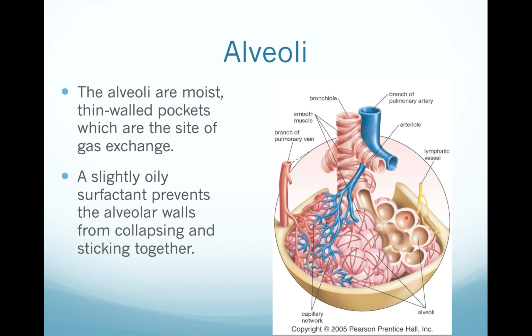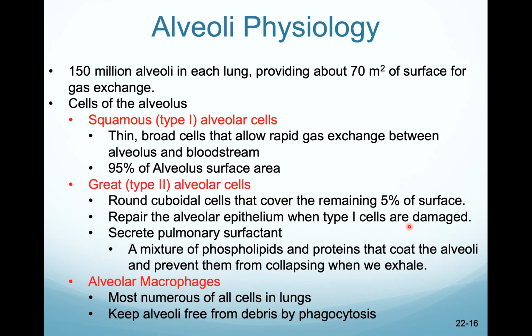It's easy to diffuse gases in and out of the alveoli. You don't want to make it difficult at all for your body to move gases. And what you see here is that surrounding all the alveoli is a system of capillary beds. This capillary network is where the gases are going to diffuse in and out of. And then inside the alveoli is where you're going to have the surfactant.